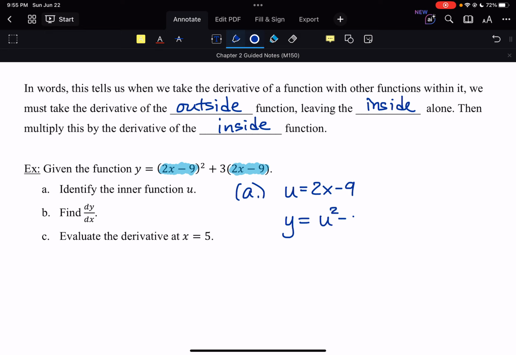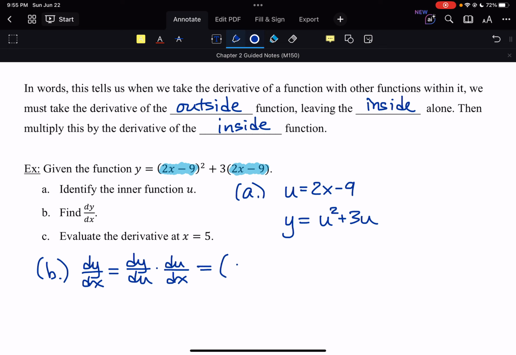So that's u squared plus 3u. If we wanted to find the derivative, this would be dy/du times du/dx.